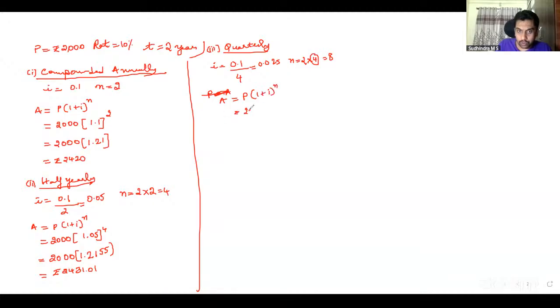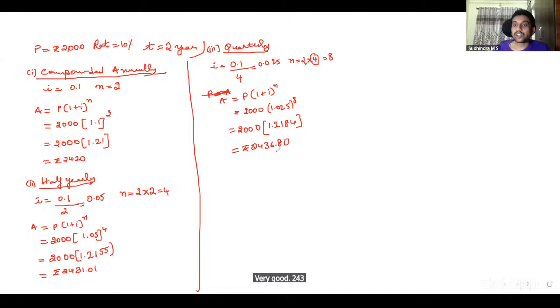That is 2000 into 1.025 to the power 8. What is 1.025 to the power 8? 1.2184. So multiply that by 2000: 2436.80. So this is the amount if it is compounded quarterly.